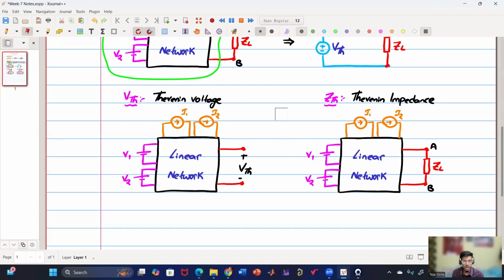So when you have to remove the other sources, say for a current source, whether we short it or open it. Open circuit. Open. And voltage source? Short circuit. Short circuit, yes. So that is what we are doing. Voltage short circuit, current open.